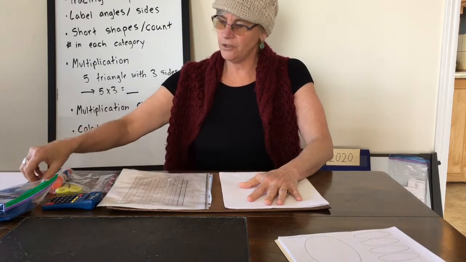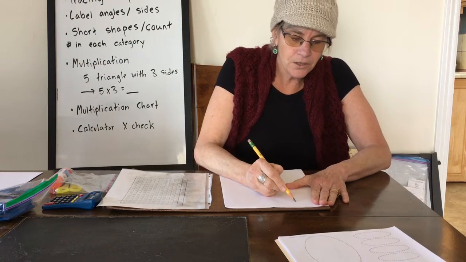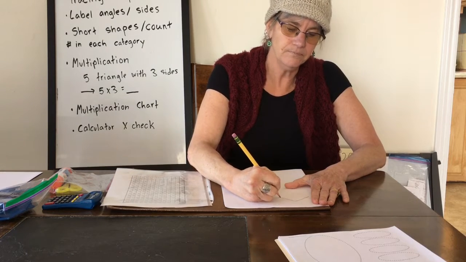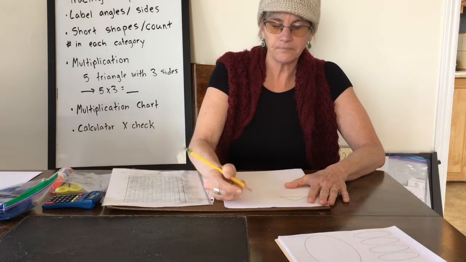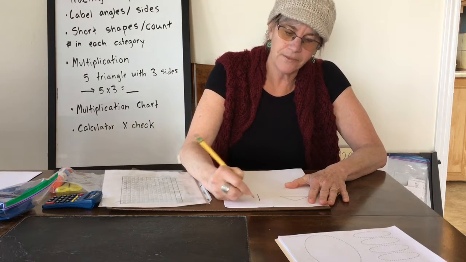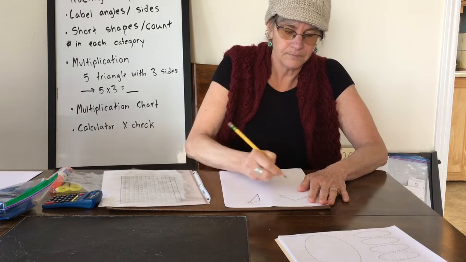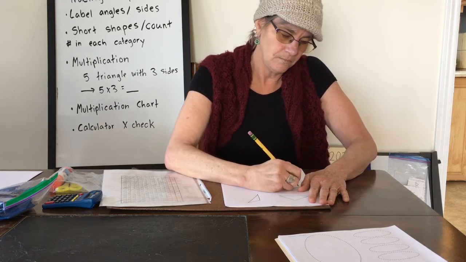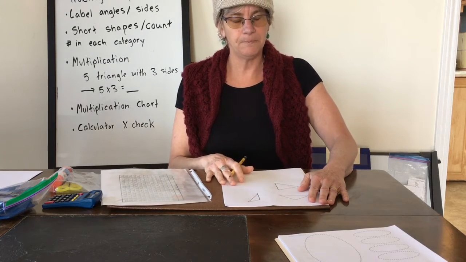So you're going to use your pencil and trace your triangles as best you can. This is good for their hand-eye coordination. Just trace the different types of triangles that you see. So take your time and do that.